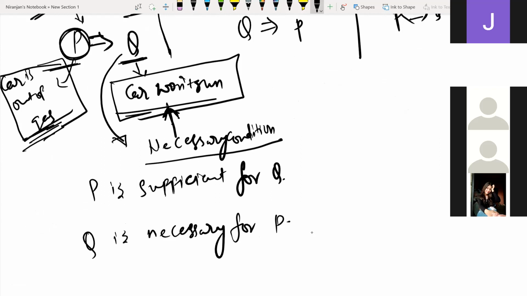Now let me ask this. This is one of the very interesting questions. When I said that Q is necessary for P, why? I just said it. I mean the reason, but why do you think this is a strong argument, and why do you think that Q is necessary for P?